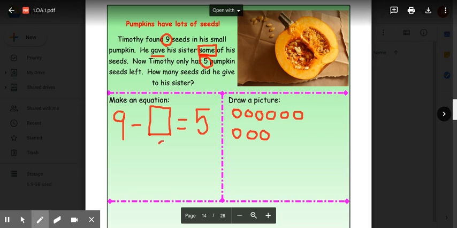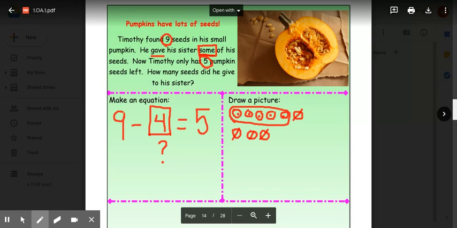I don't know how many he gives away, but I know he ends up with 5 left. So I'm going to make 5 of the pumpkin seeds safe. 1, 2, 3, 4, 5. These are the 5 that he still has. So these must be the pumpkin seeds he gives to his sister. 1, 2, 3, 4.